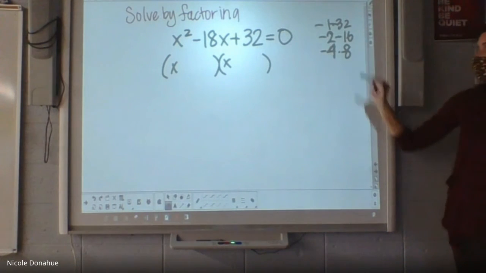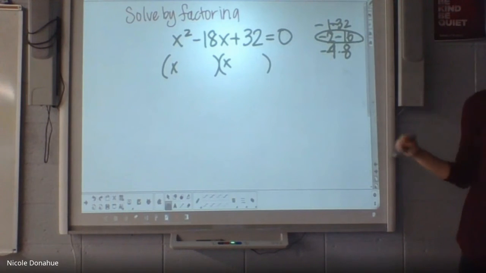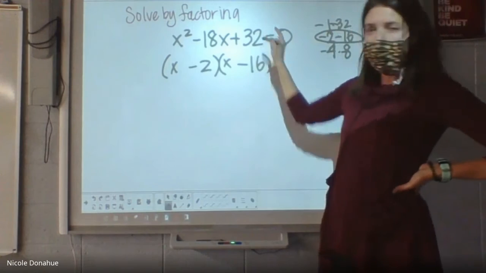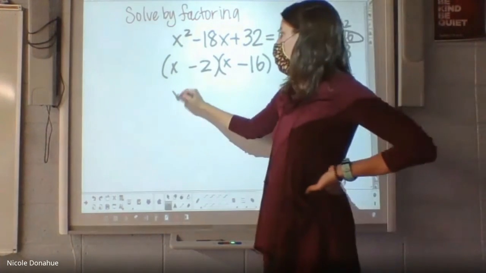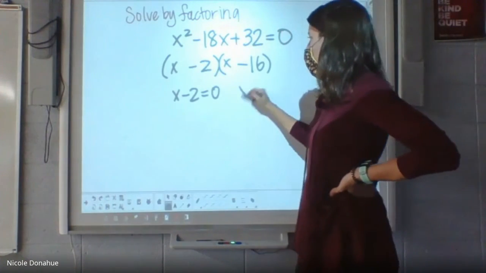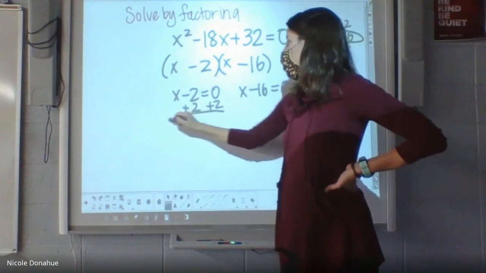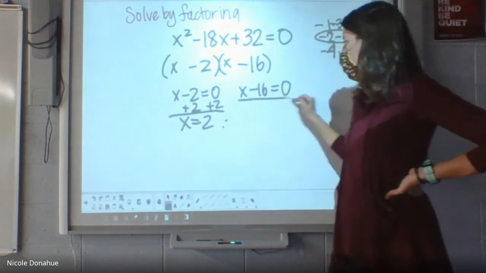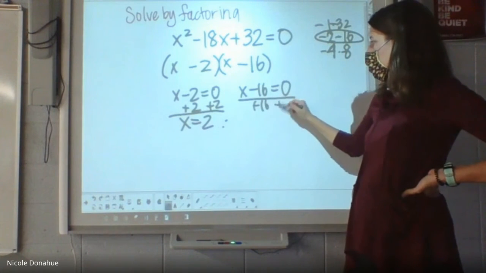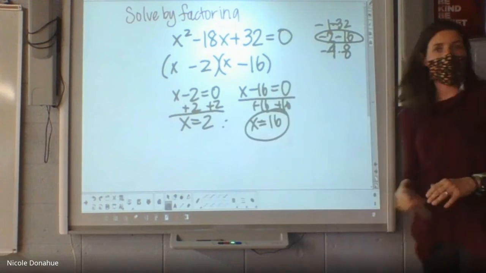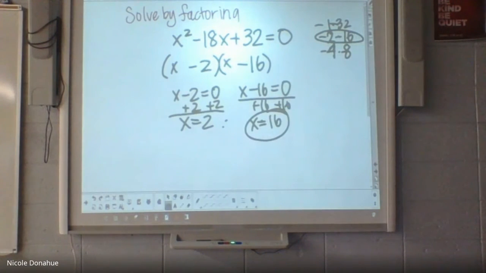The only thing that will add to give us a -18 is a -2 and a -16. But when I multiply them, they give me a +32. Then I have to set each of these equal to 0 to solve. Add 16. All right, that's factoring, that's another type.